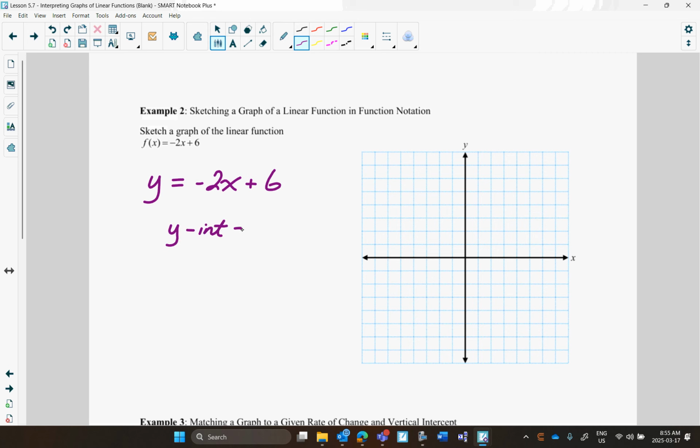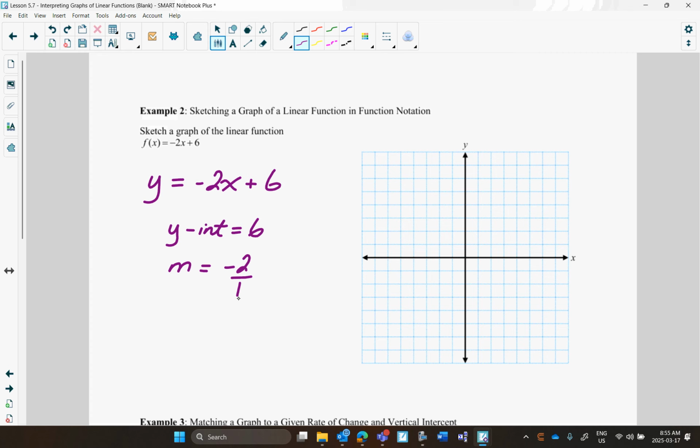So the y-intercept is 6. The slope is negative 2 over 1. And you should be able to plot the y-intercept, use the slope to plot a second point, draw your line. And that's it.